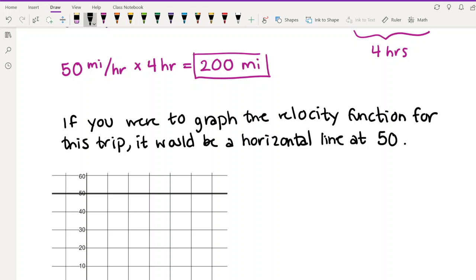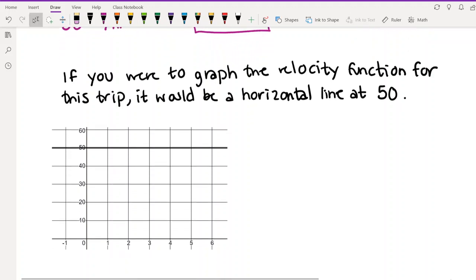Because again, we're not talking about the position. We're not talking about a graph that shows how far you've traveled. We're just talking about literally a graph of the velocity function. So in this case, your velocity is constant, right? You're always traveling at 50. And so your velocity graph would look like this. It would just be a horizontal line at 50.